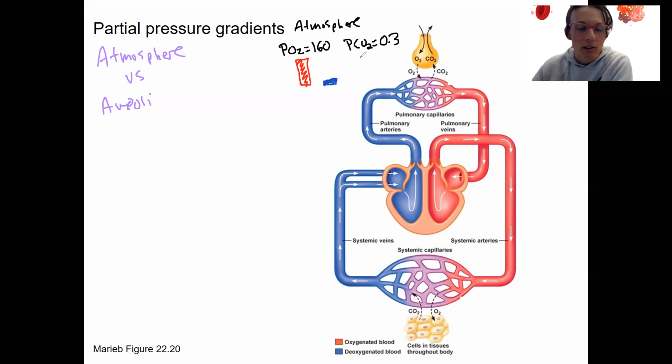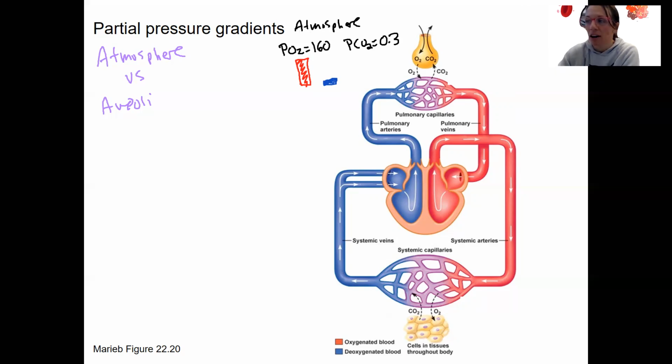How do you think this compares to alveolar air? Well, it's going to be similar, right? We're going to have higher oxygen than carbon dioxide, but it's not going to be equal. And this is for several reasons. First of all, we've got the unloading of CO2 into this local space right here, so CO2 will be higher.